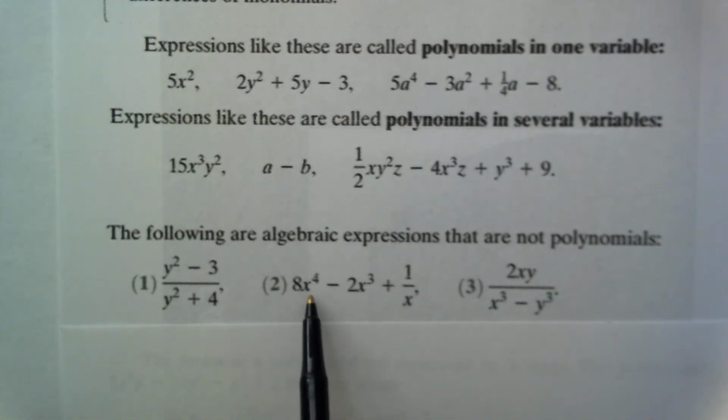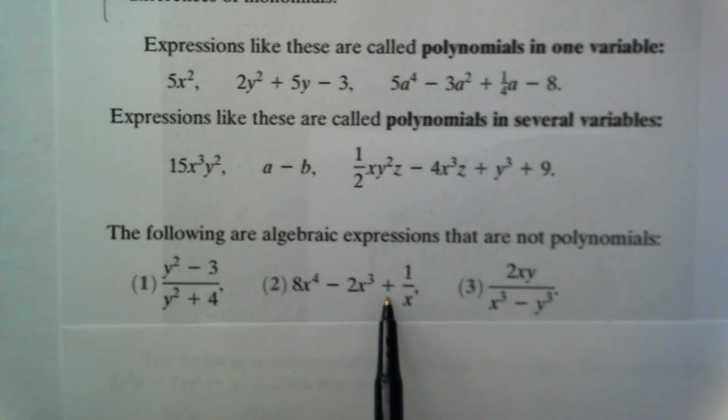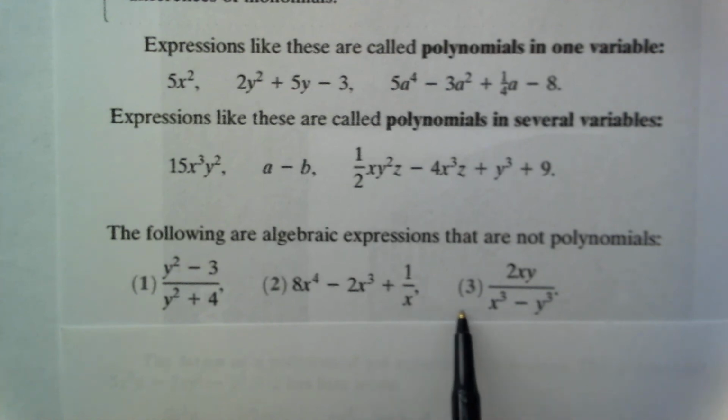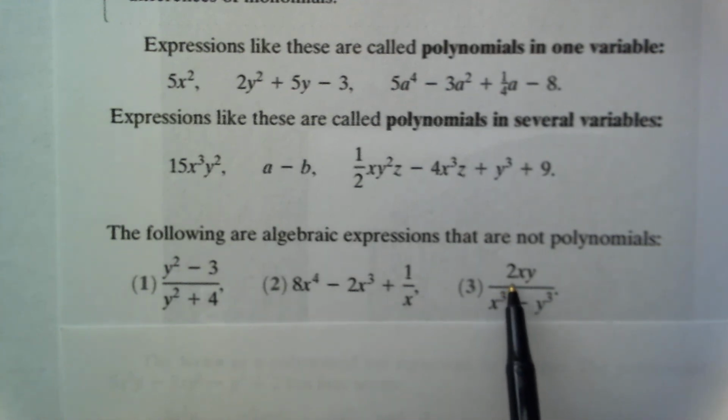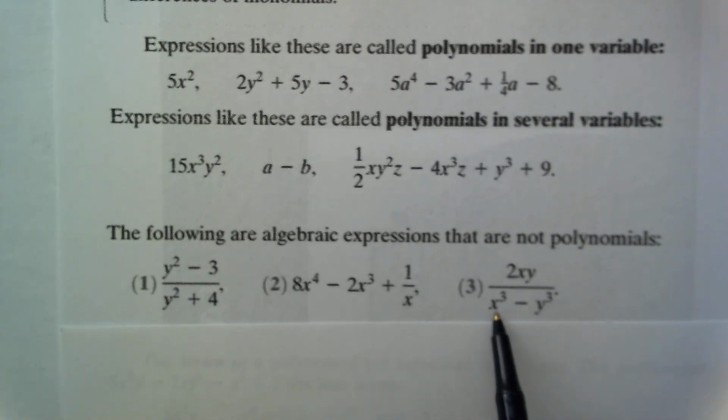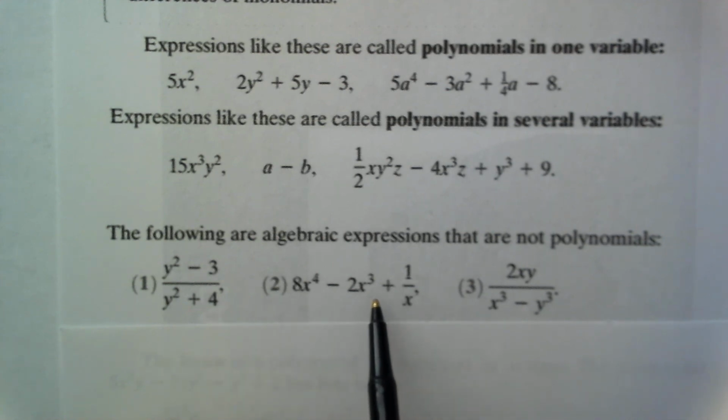And the next one, 8x to the fourth minus 2x to the third plus 1 divided by x, is not a polynomial either, because we have x in the denominator, and that would mean x to the minus 1. So in other words, the exponent is not a non-negative integer, it is a negative integer, minus 1. And then again here for the third example, we are talking about a fraction of two polynomials, a monomial divided by a polynomial, 2xy divided by x to the third minus y to the third. So these are non-polynomial expressions.